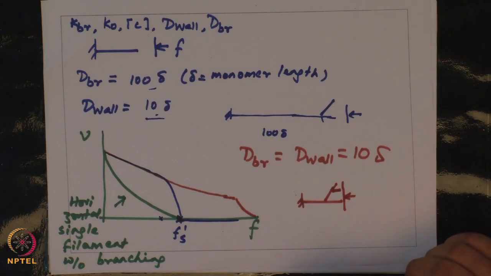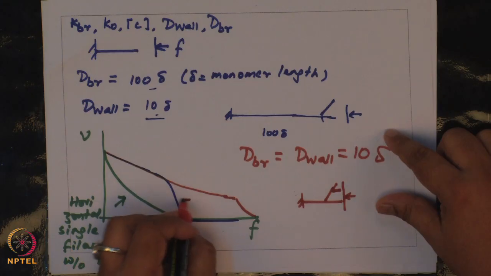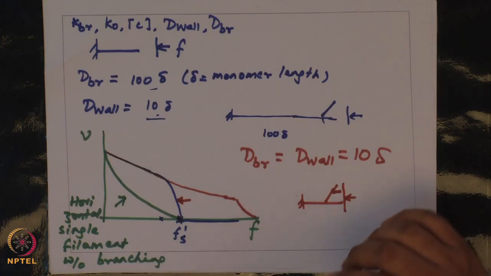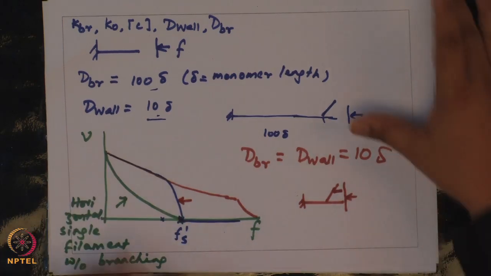Okay. So, now let us see why, back to this particular case where d_Br equal to 100 delta and d_wall equal to 10 delta, how did we deviate from this particular case?